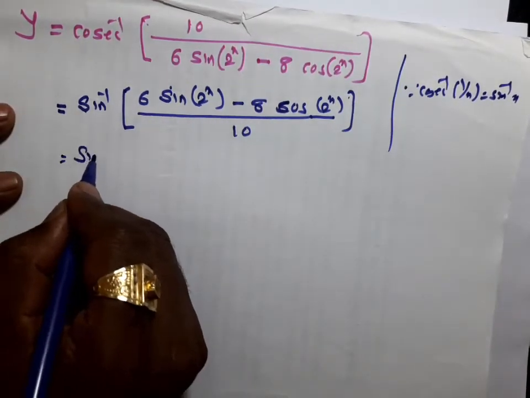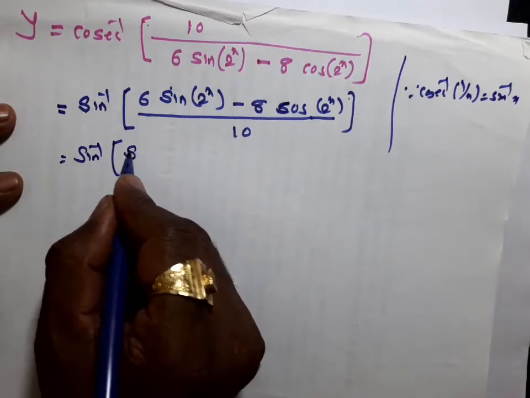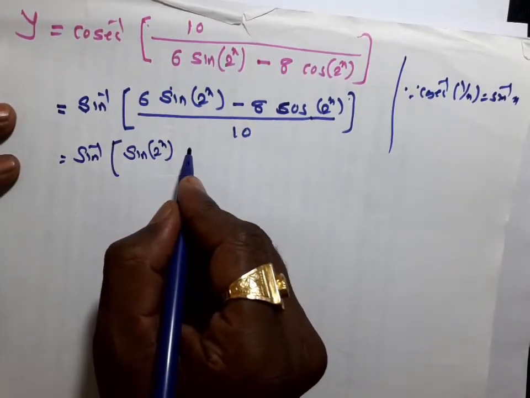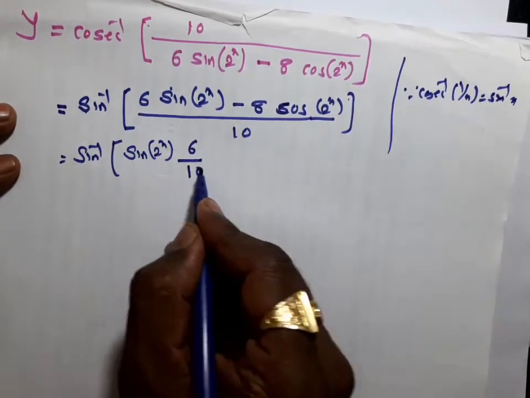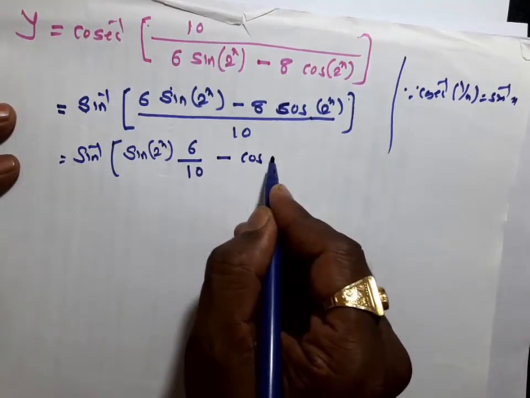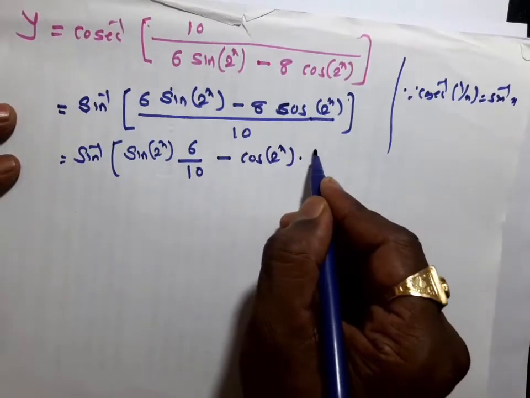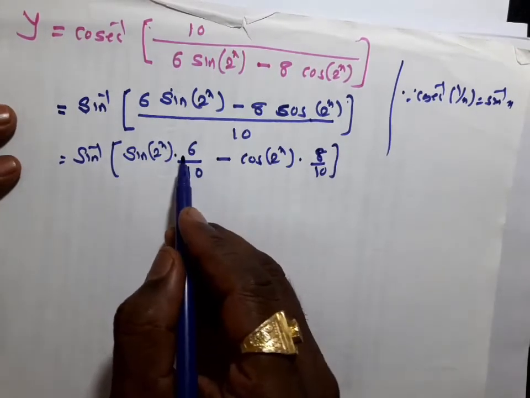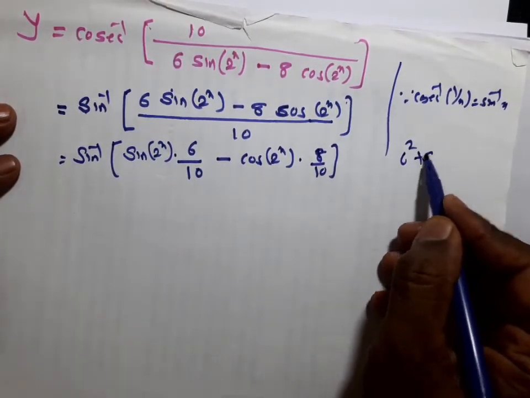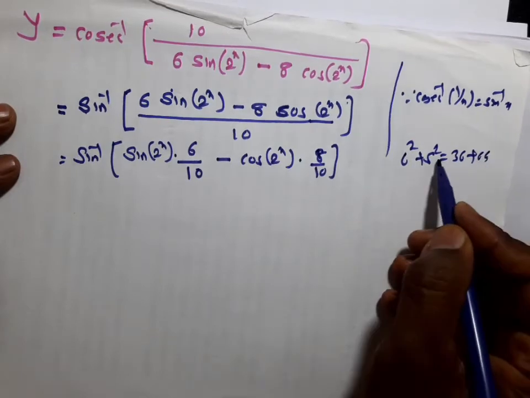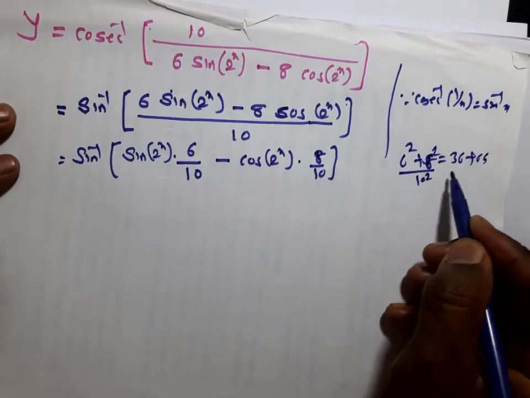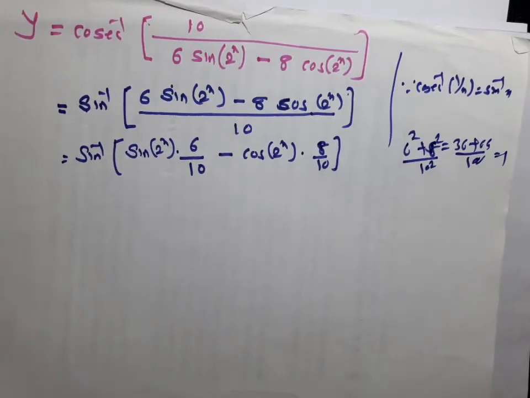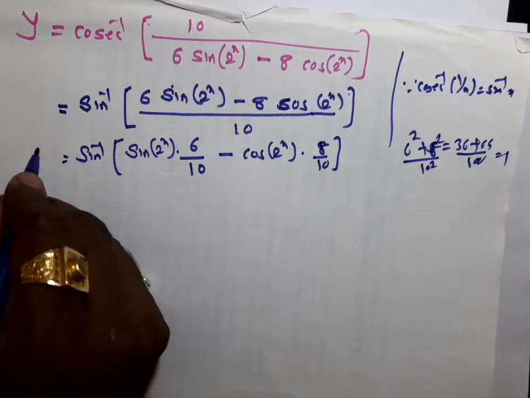This I can write as sine 2 raised to x into 6 upon 10 minus cos 2 raised to x into 8 upon 10. What is the square of 6? 36 plus 64 upon 10 square, that is 100. It will be 1. That ready-made is given. We just have to interpret it in trigonometric form.